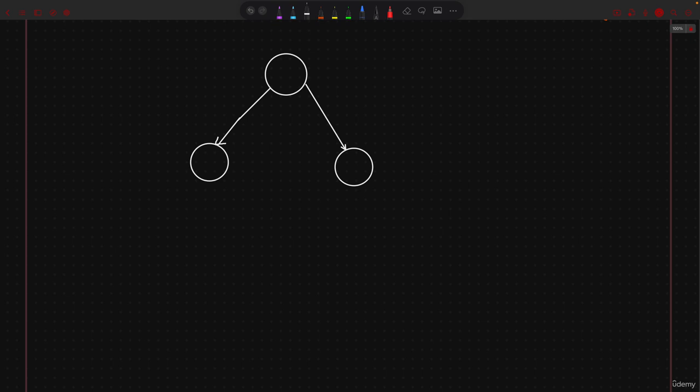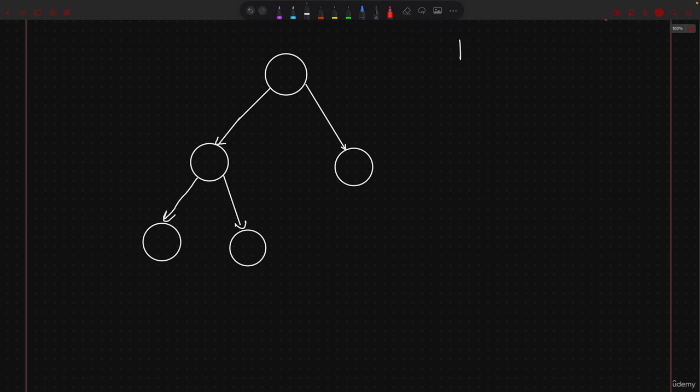So what I can imagine is that if this tree has some child, just like in my linked list, I was able to break my linked list by taking a single element, because after that everything used to be a linked list, right?